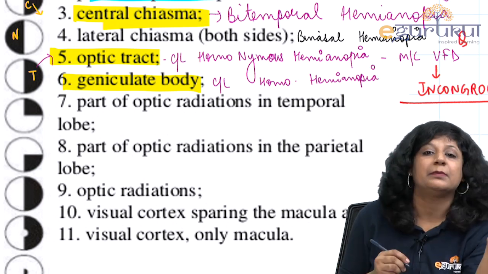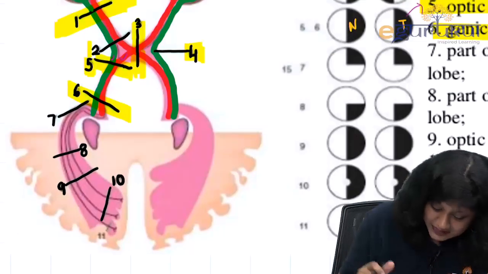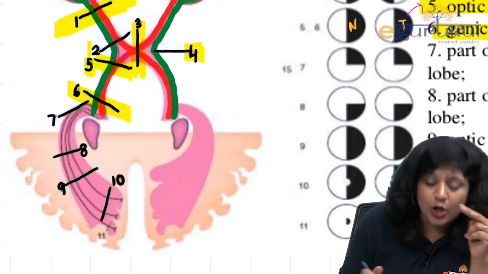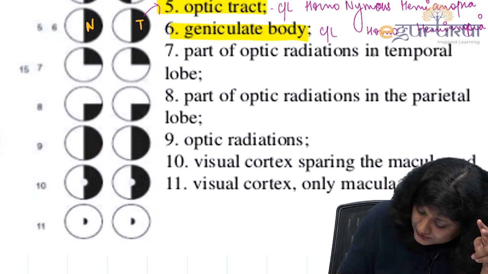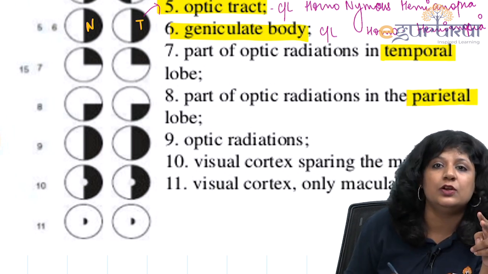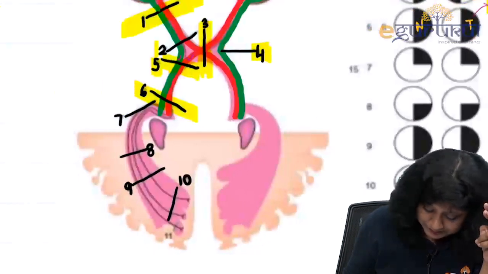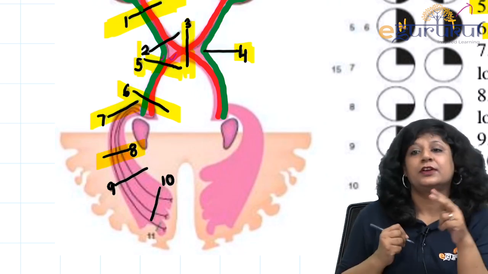But the next one is your optic radiations. In the optic radiations, we have got two parts: the radiations in the temporal lobe and the radiations in the parietal lobe.